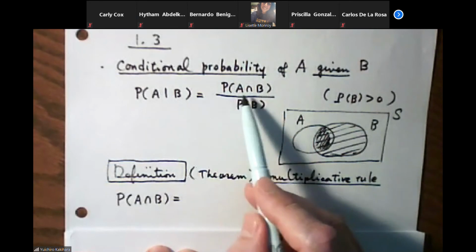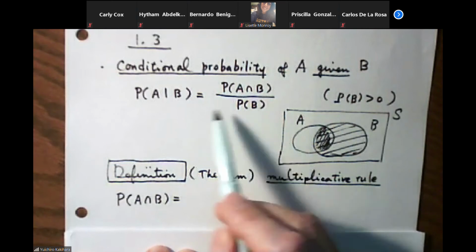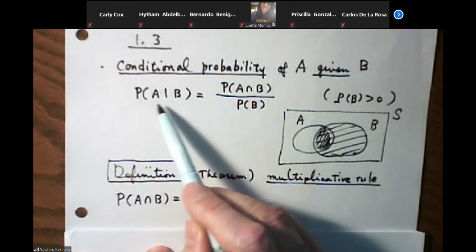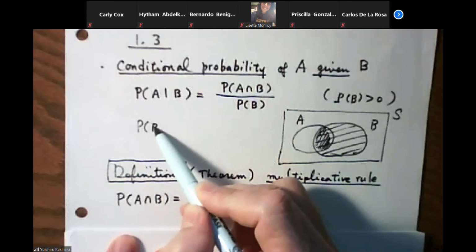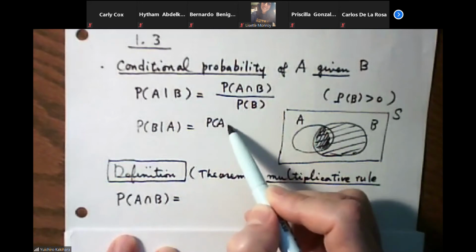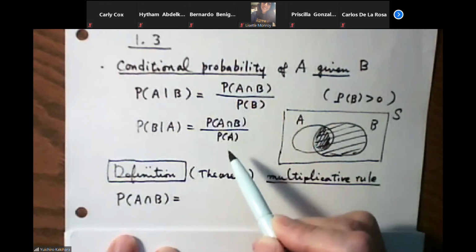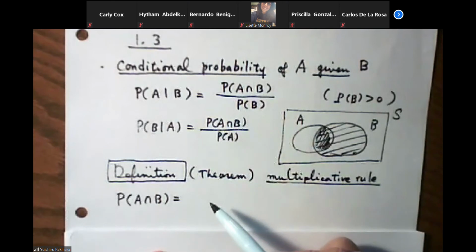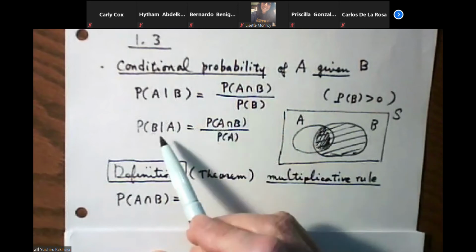And then we can switch B and A. What I'm saying is, P of B given A is the same as P of A intersection B over P of A, provided that P of A is positive. We can switch A and B.